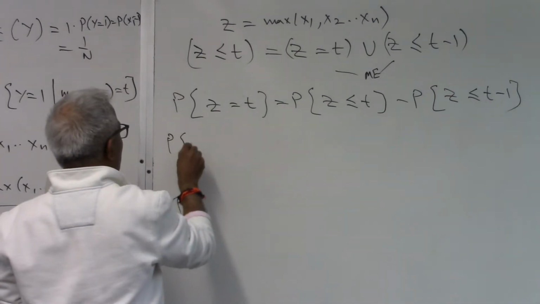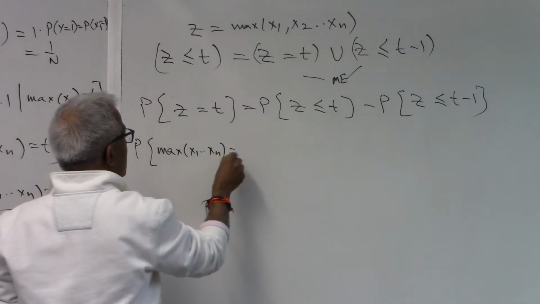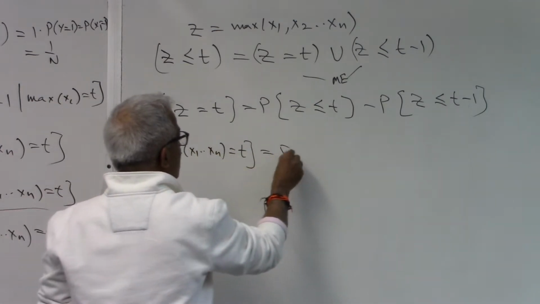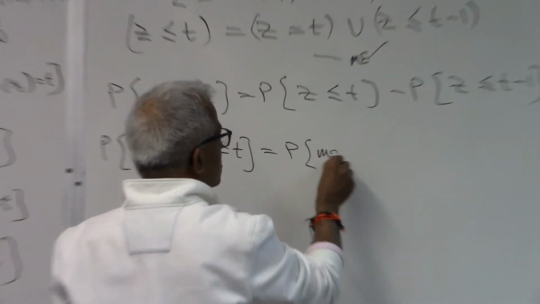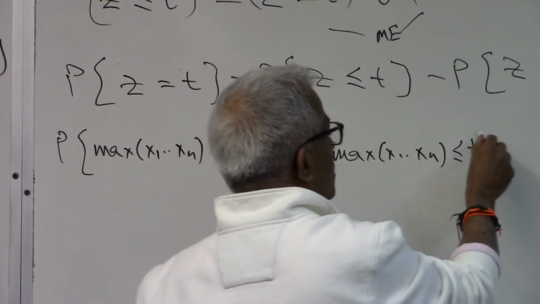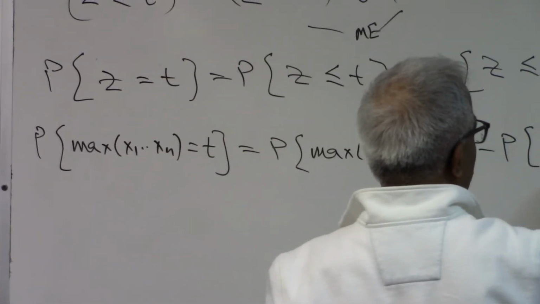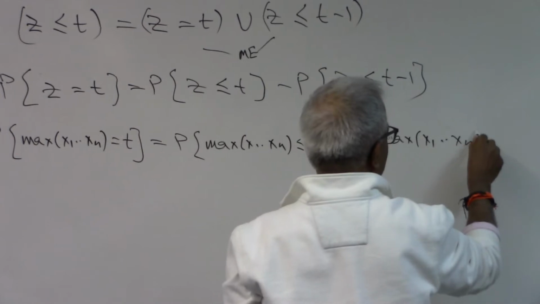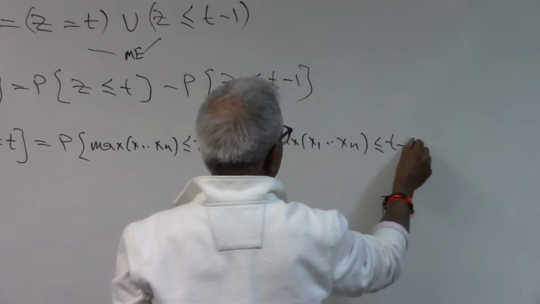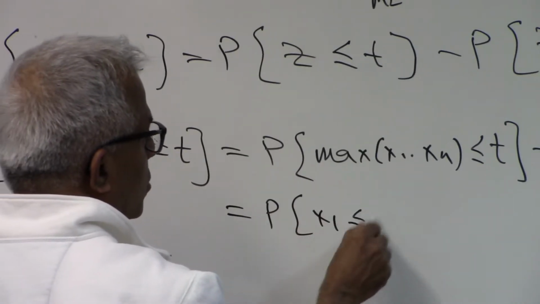So what we are interested in, which is the maximum of x1 through xn equal to t, is the probability of the maximum of x1 through xn less than or equal to t, minus the probability of the maximum of x1 through xn less than or equal to t minus 1. If the maximum is less than or equal to t, then each one is less than or equal to t, right?